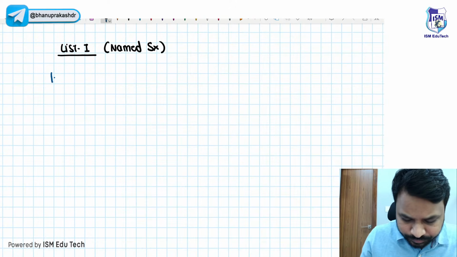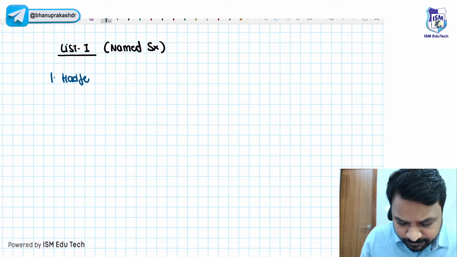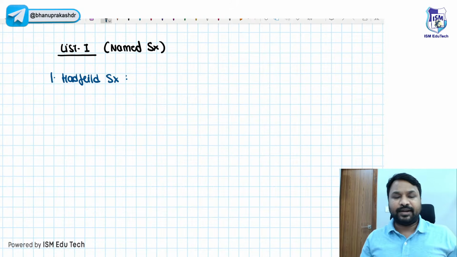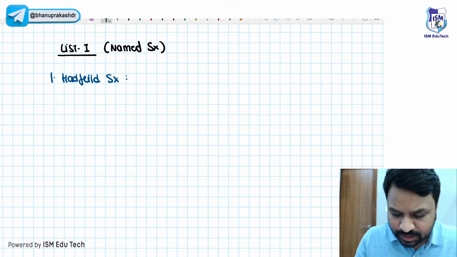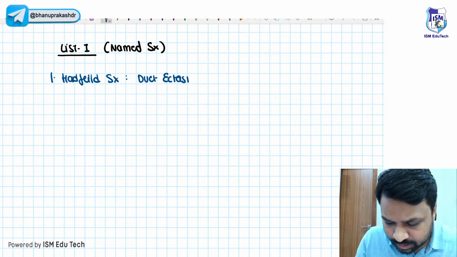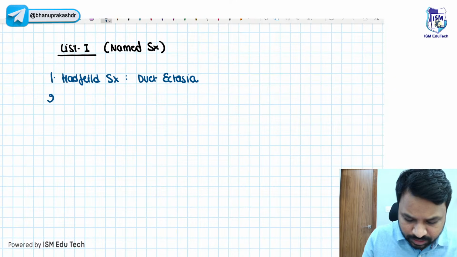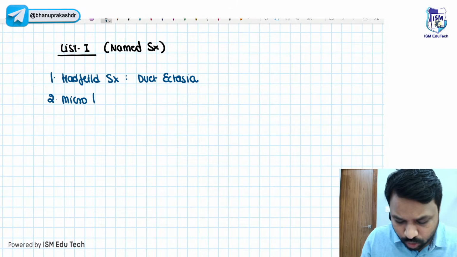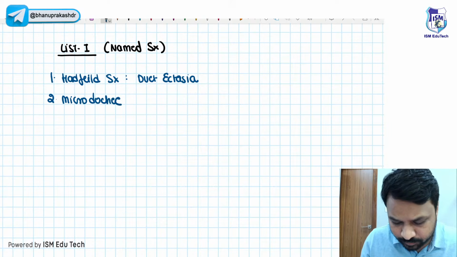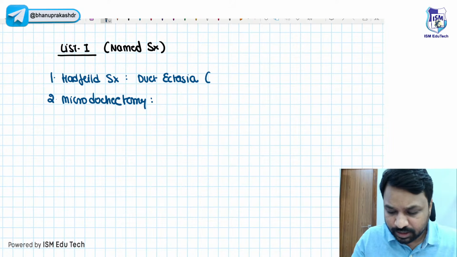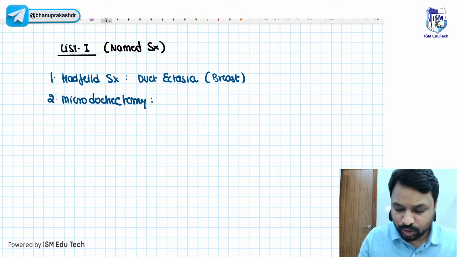Now, number one, Hadfield surgery. Where have you heard about Hadfield surgery? It is done for duct ectasia. Then another one, microdochectomy, is done for duct papilloma of the breast.